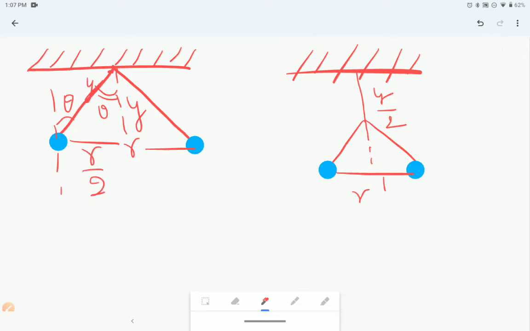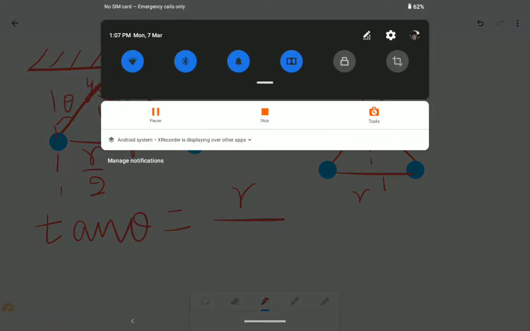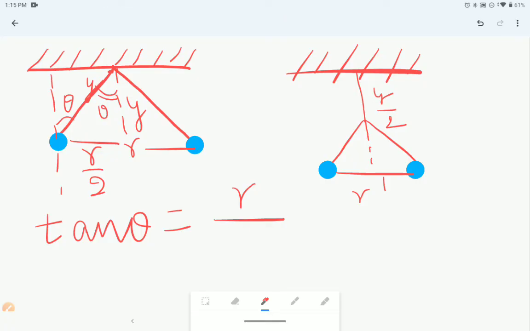Now what is tan theta here? Tan theta comes out to be r by 2 upon y.